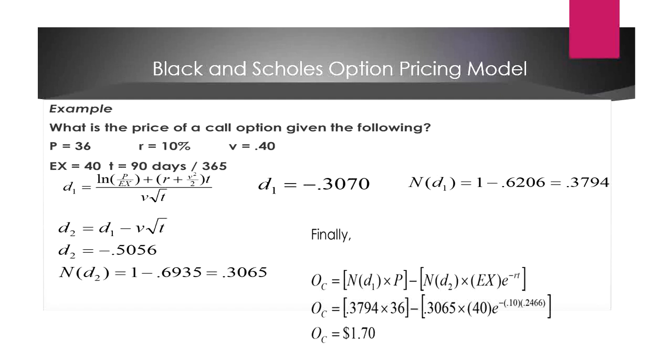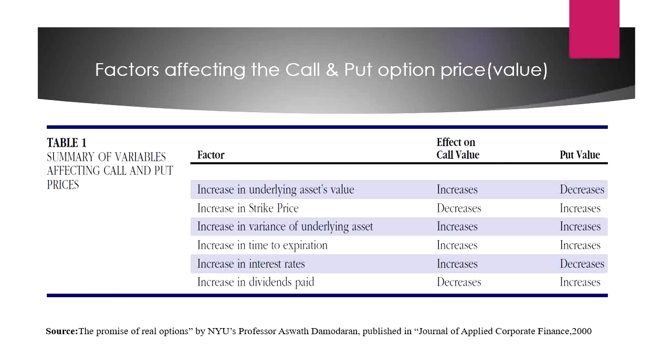This portion minus the N(d2) value times the strike price times e to the power minus 10%, which is the risk-free rate, times the time to expiration, which is a ratio of 90 days to 365, and we get the call option price, that is O sub C, equivalent to $1.70.